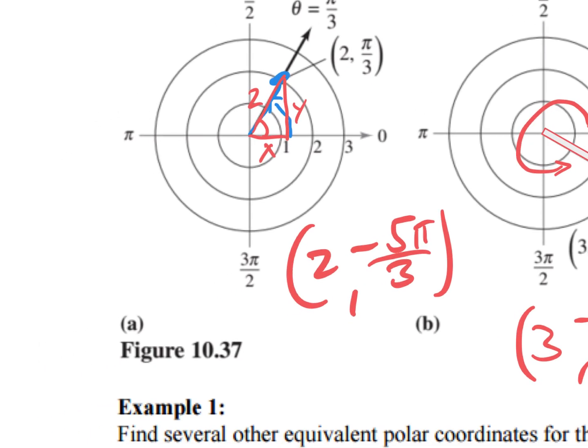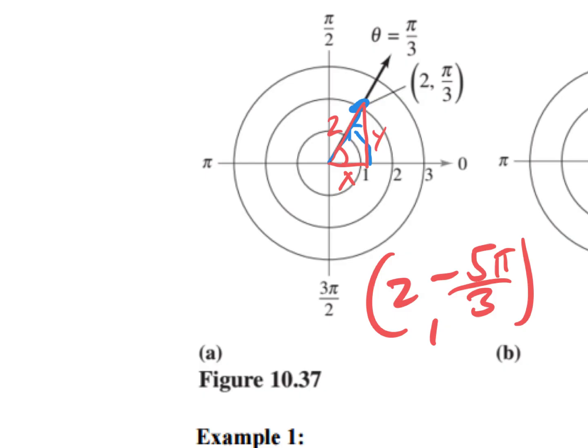Let's see if we can find an equation for this. The angle is pi over 3, so the cosine of pi over 3 is x over 2. Solving, x is 2 times cosine pi over 3, and the cosine of pi over 3 is a half, so 2 times a half is 1.